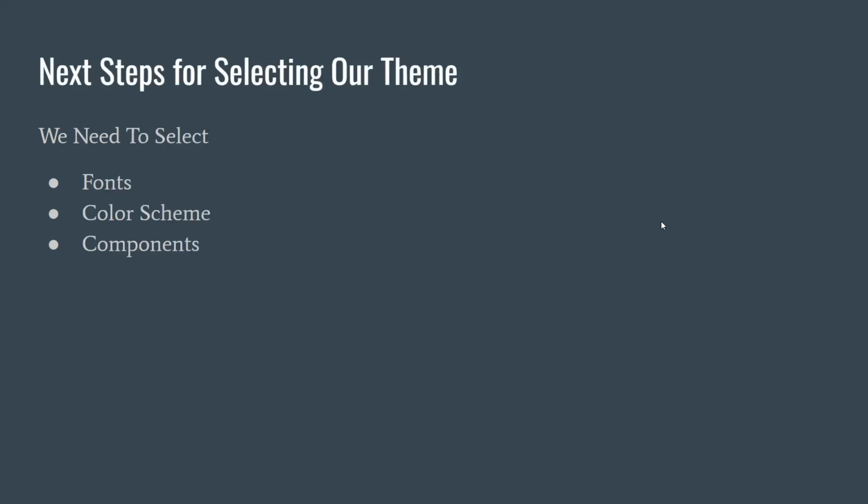And here's where I'm going to give you a call to action. We have some next steps for selecting our theme. I want to focus on three things. I want to focus on fonts. We will want to find some good fonts, and it doesn't have to be perfect. I have spent weeks finding a font for a single page. You can go on and on with this. Same thing with color scheme.